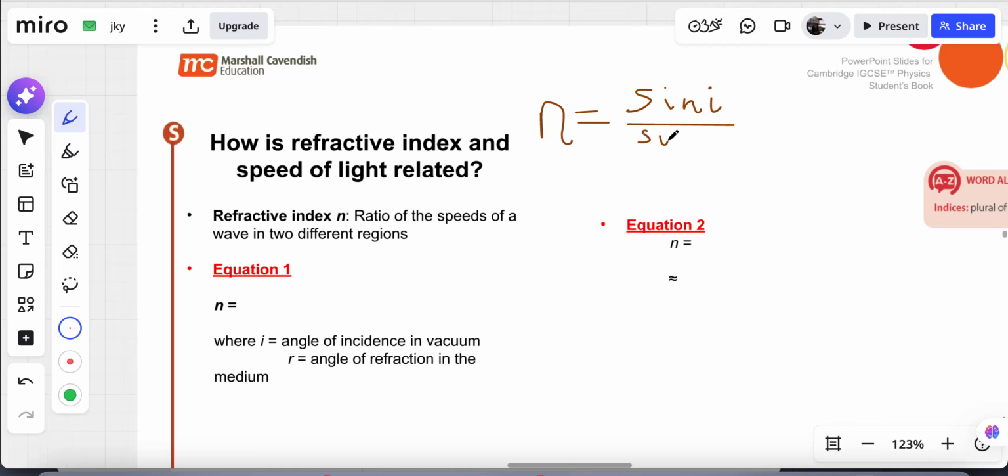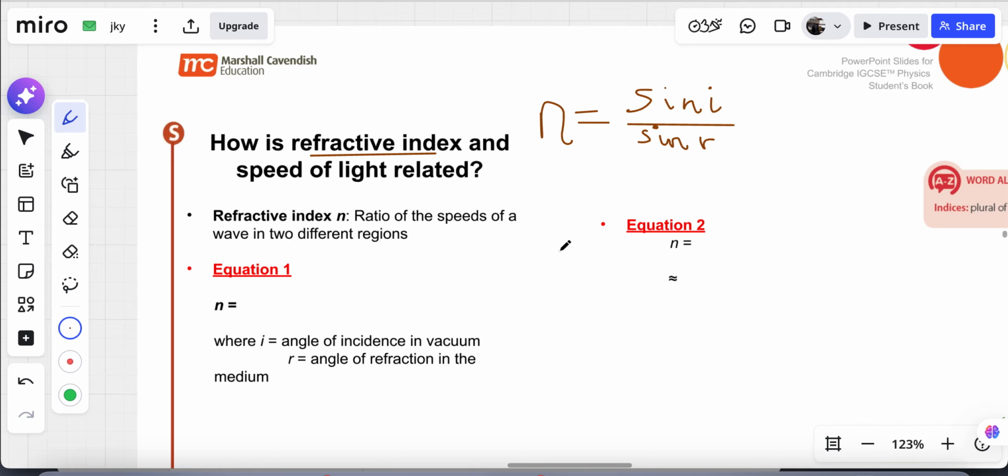This is one way of stating the relationship. This n is called the refractive index.